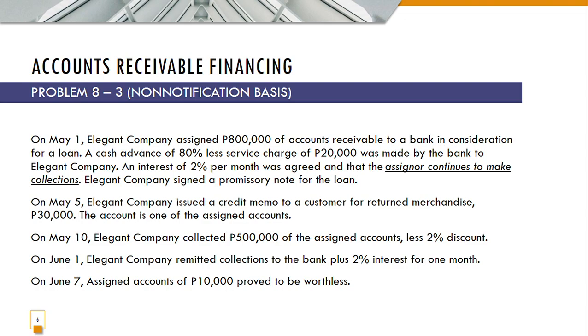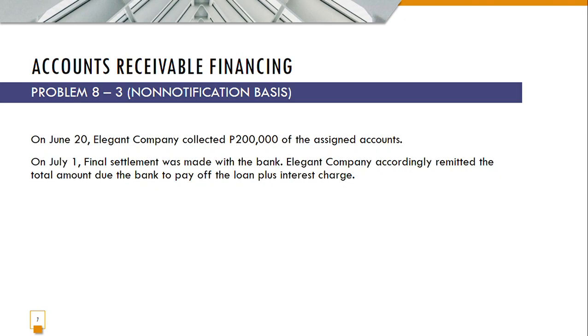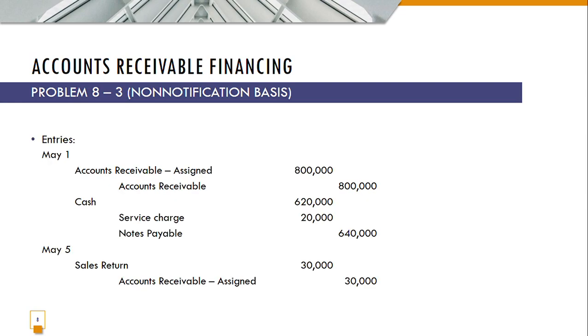On June 7, assigned accounts of 10,000 proved to be worthless. On June 20, Elegant Company collected 200,000 of the assigned accounts. And finally, on July 1, a final settlement was made with the bank. Elegant Company remitted the total amount due to the bank to pay off the loan plus interest charge.